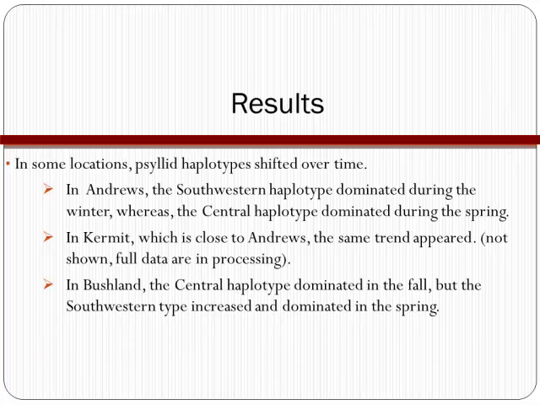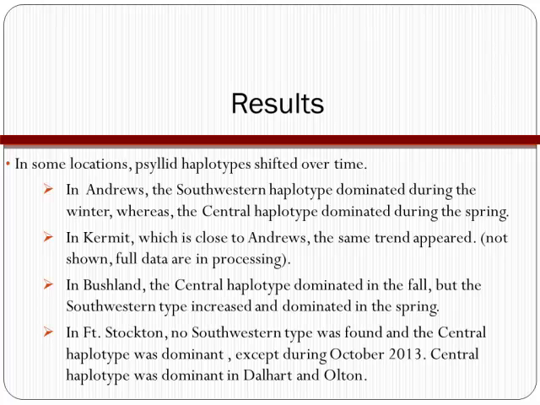In Bushland, the central haplotype dominated in the fall, but the southwestern haplotype increased and dominated in the spring. In Fort Stockton, no southwestern haplotype was found, and the central haplotype was dominant, except during October 2013. The central haplotype was dominant in Alton and Dalhart.